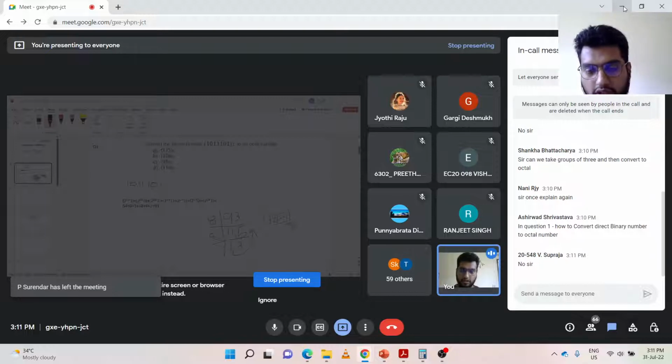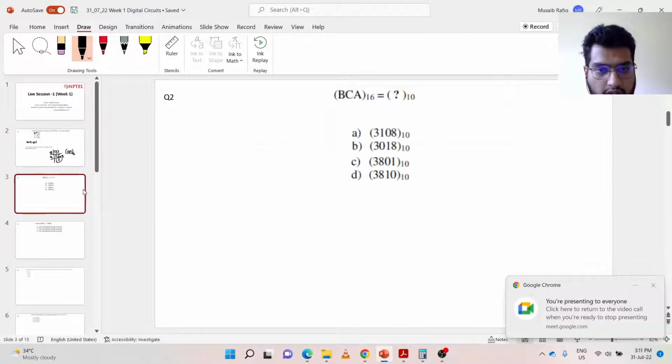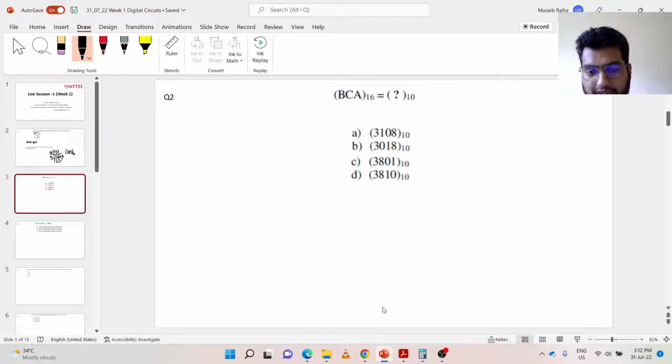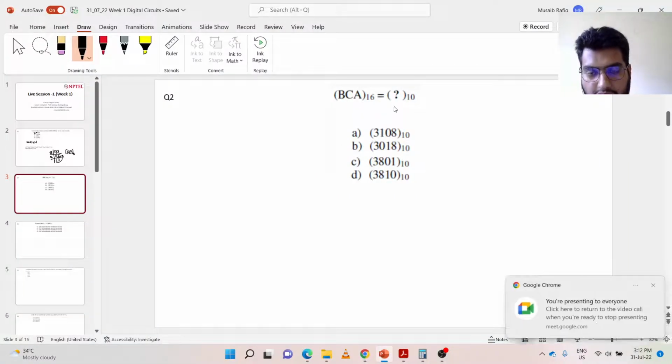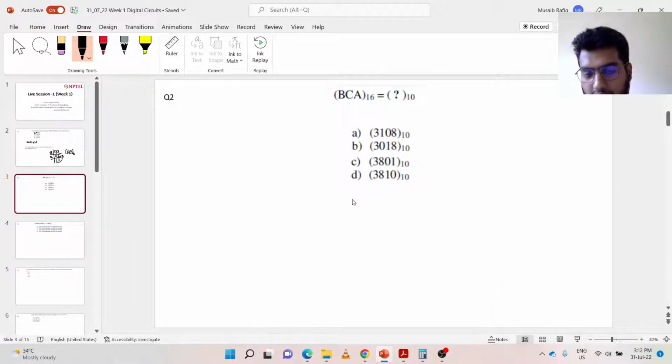We can move to question 2. We have this hexadecimal number BCA, and we want to convert it into the decimal number system. Just like the approach in the previous question, there the base was 2, here it is base 16.